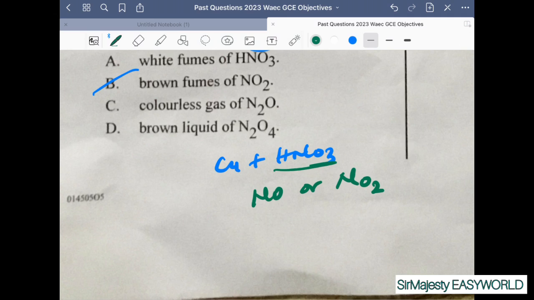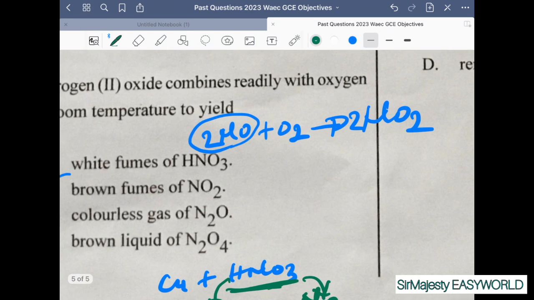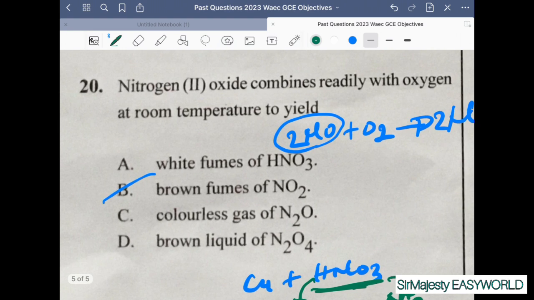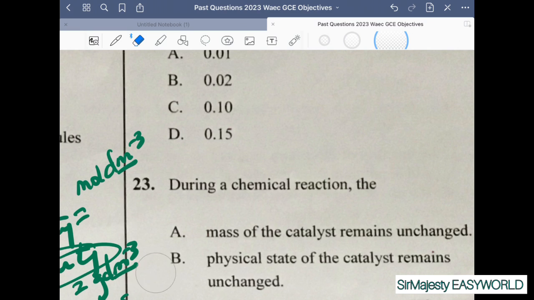When it is concentrated, it will give you NO2. But when it is dilute, it will give you NO. Therefore, in the laboratory, when I react dilute HNO3 with copper metal, it gives me the colorless gas NO. But if you allow it in the reaction vessel, it starts turning brownish again. That means it's reacting with the oxygen, giving you reddish brown gas, and that's what they just asked us in question 20. So B is the correct answer to question 20.